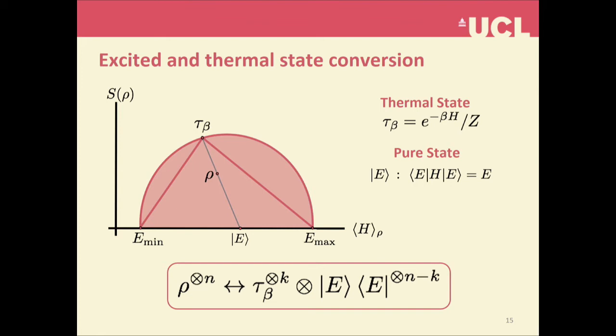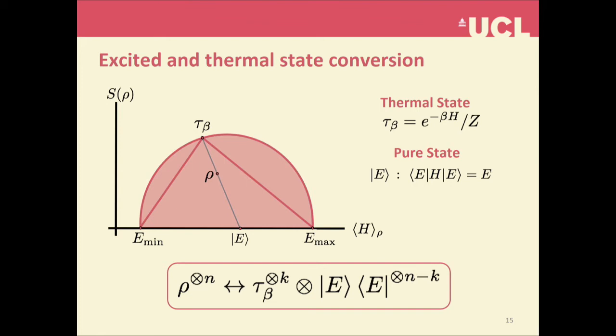Then we decide the temperature. This temperature will give a point on the curve of thermal states, and we trace a line which goes through these 2 points. We'll intercept the x-axis. Where we intercept it will be the pure state we need in order to perform this decomposition.